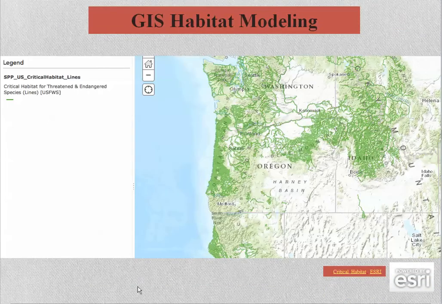Now, a good example of that is the map that you see here, the critical habitat map of the northwestern portion of the United States. And, well, what makes up a critical habitat? Is it a political boundary? No, not at all.